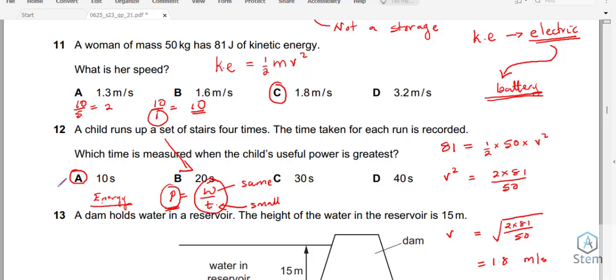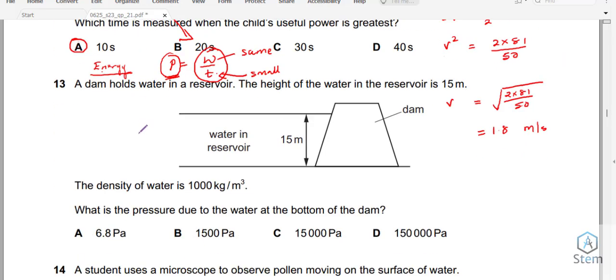When you do work in a short amount of time, it means you are working at a greater power. If you take too long to do some work, it means you were operating at lower power. That is the reason for A being correct.